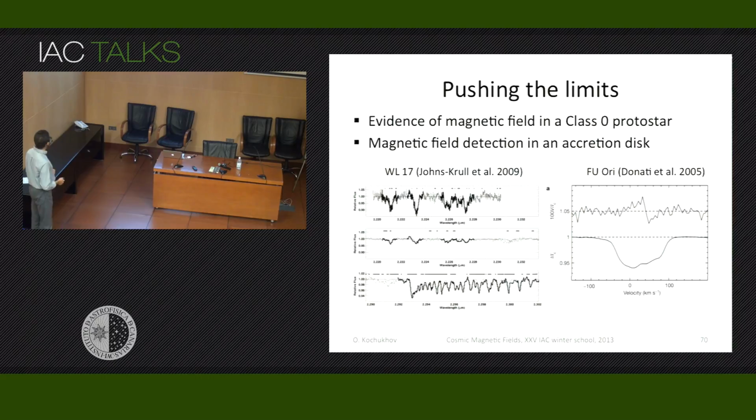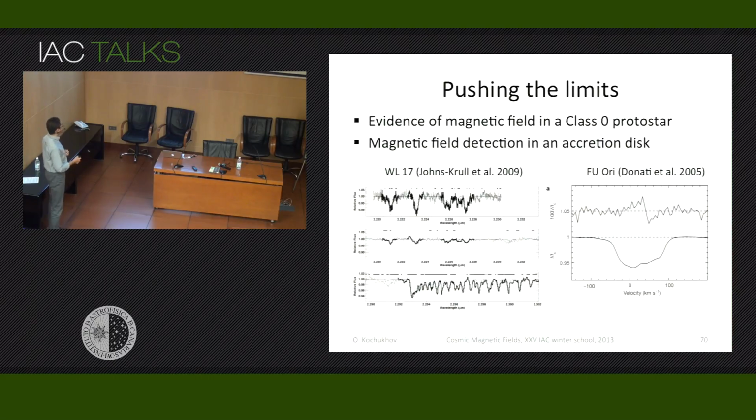And then another interesting possibility is to study the magnetic interaction between the star and the disk by also probing the field in the disk itself. So in the disk, we could have different mechanisms of magnetic field generation. And there has been one paper claiming the discovery of a magnetic field in the disk.